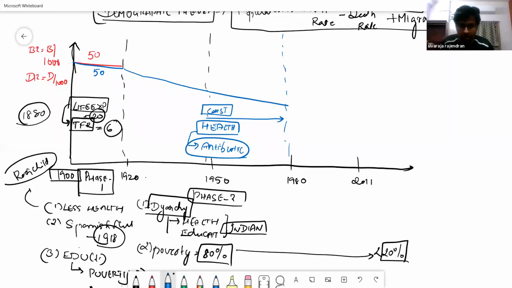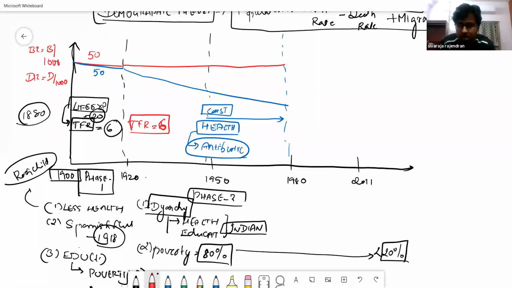But here is the strange fact: the death rate decreased, but no one told the parents that the death rate is decreasing, that now you don't have to have many kids because many kids will survive. So the total fertility rate stayed high, it was 6, same.